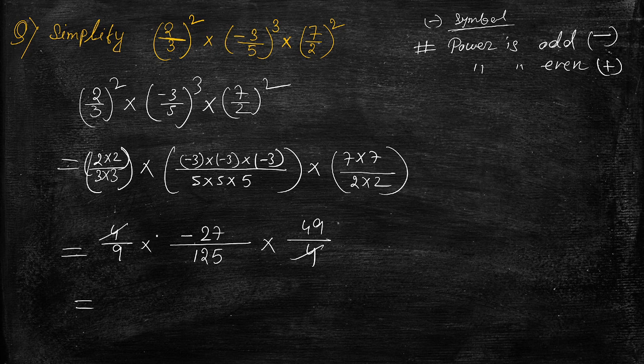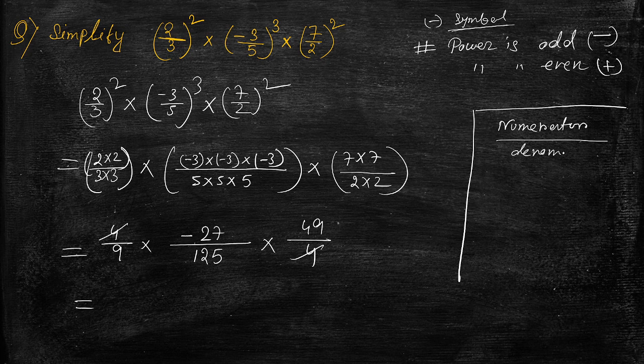Cancellation is always done between numerator and denominator. You can't cancel numerator with numerator, right? Numerators will be multiplied, and denominators will be multiplied.